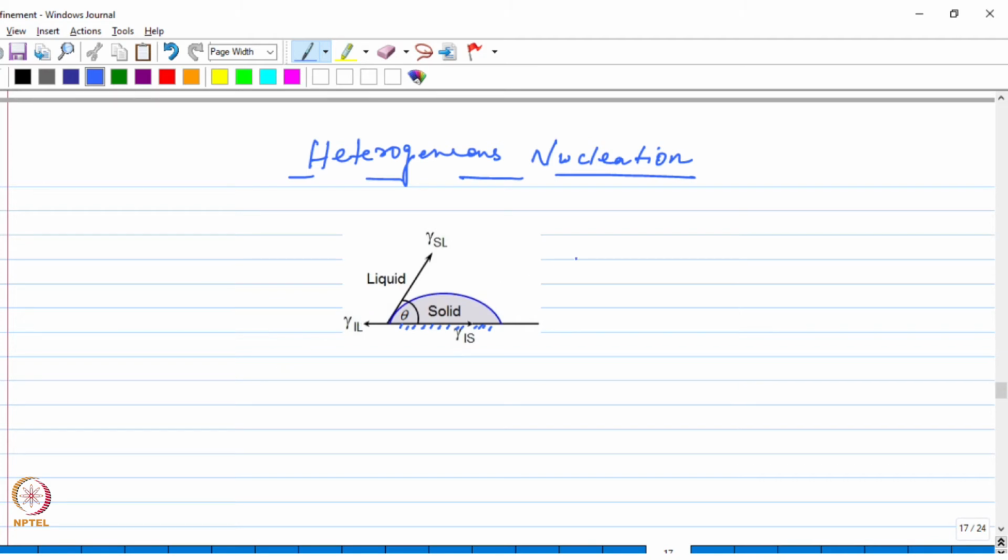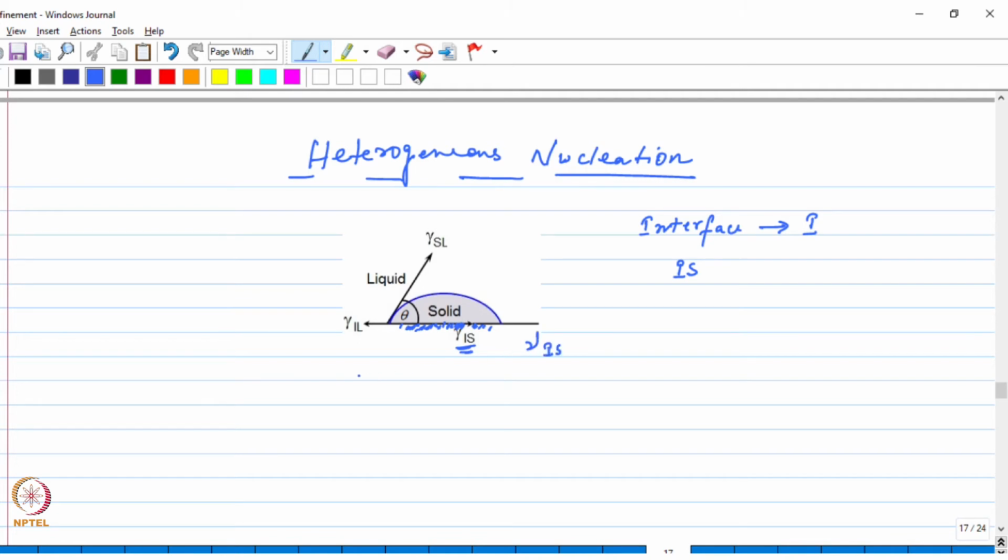Okay, so we are calling that surface on which the nucleus is forming the interface, indicated by I. So this is the interface, the solid interface on which the solid nucleus is forming, right? And this is the corresponding interfacial energy, gamma IS.